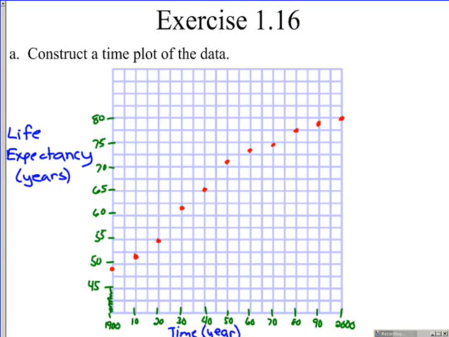Connect those with segments. There's your time plot.